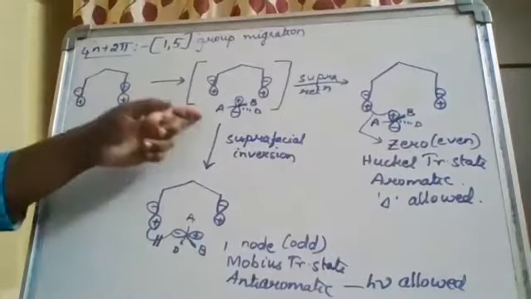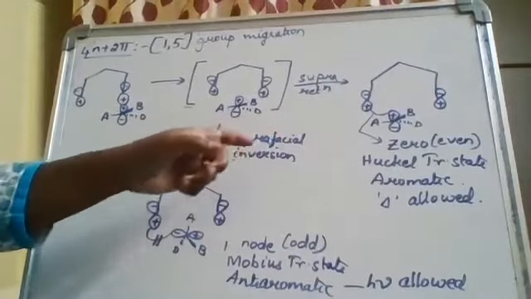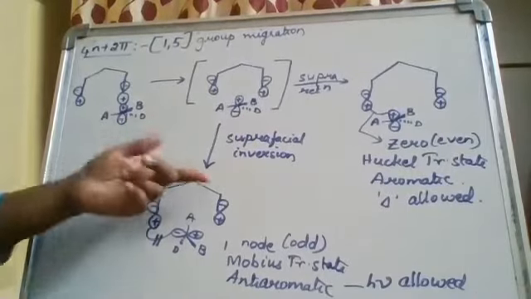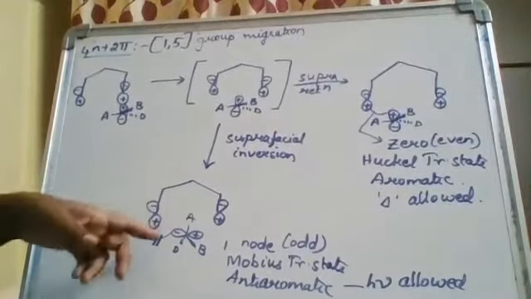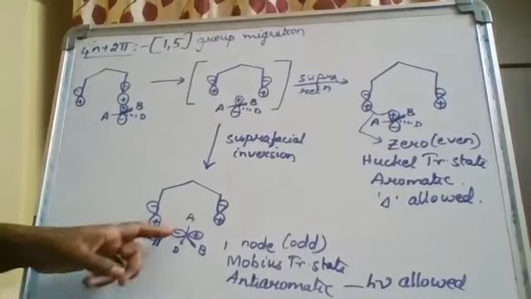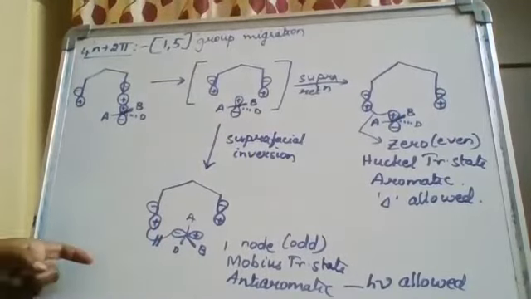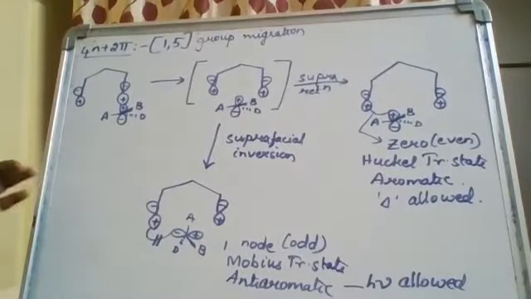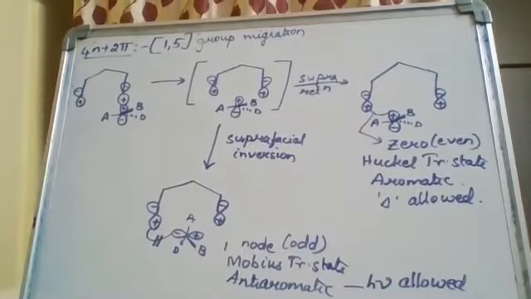Now, come to the suprafacial migration with inversion of configuration for the group. When you do the inversion, you just rotate the group by a 90-degree turn in the transition state. When you add it suprafacially, you get one node in the transition state. Since it is an odd number, I can classify the transition state as a Mobius transition state.